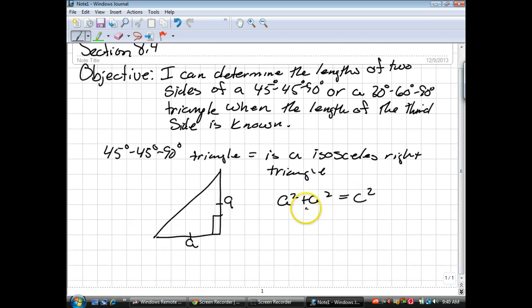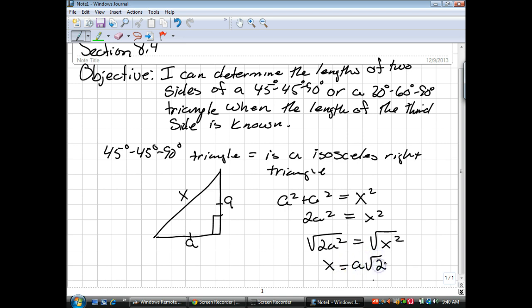We'll call that x, because we want to know what this length is. So that's 2a squared equals x squared. We take the square root of both sides, and that gives us x equals a square root 2.